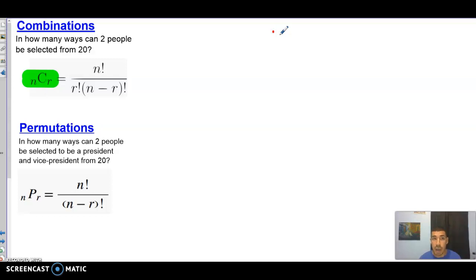Permutations, the order does matter. So let's begin with an example that is a problem like the ones you've already done yesterday. Combinations. In how many ways can two people be selected from 20? In this problem, we know it's a combination because they're asking you to select 2 from 20. The order does not matter.